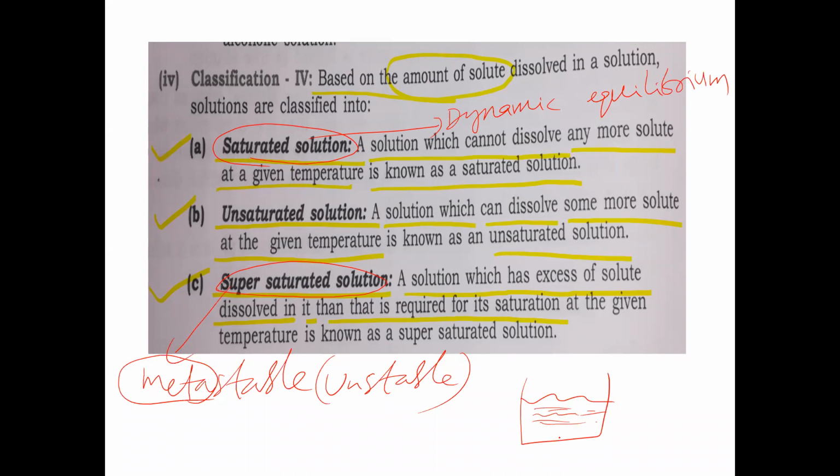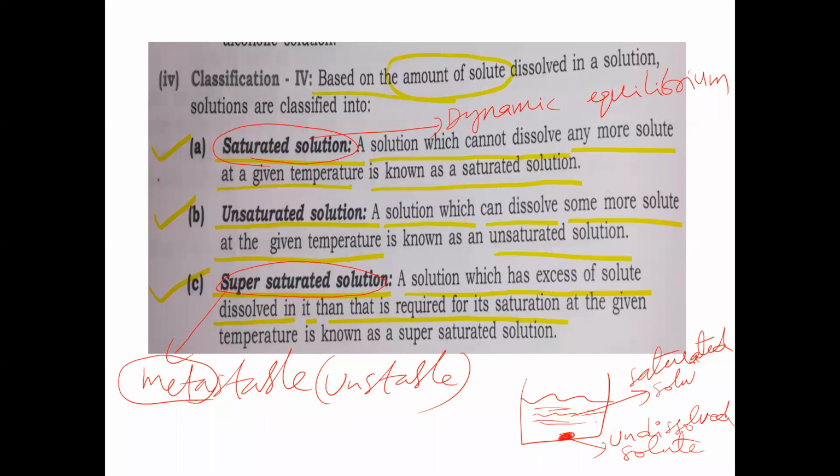In this solution, some amount of solute is undissolved at the bottom. The solution is a saturated solution, but the excess solute we added has settled at the bottom. This is undissolved solute, and the solution above it is saturated.